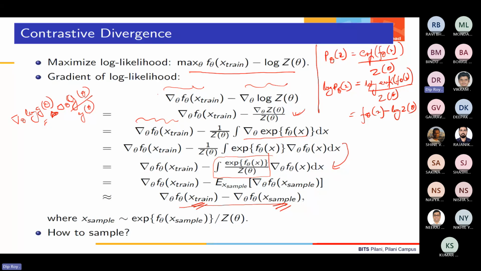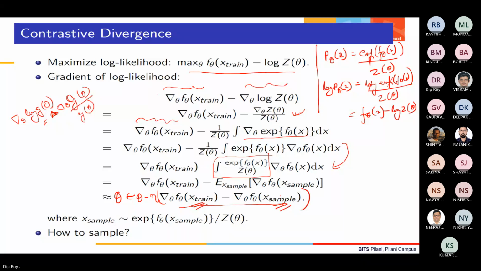So the key thing to note here is that in contrastive divergence, the loss we are minimizing is something contrastive. That is, we are pulling down one value and pushing up another. Essentially we are doing this.